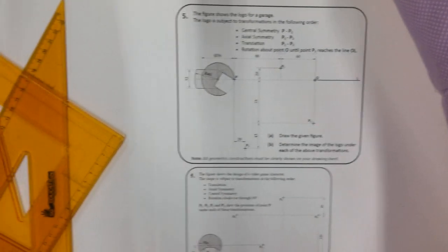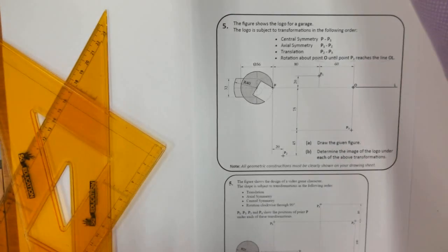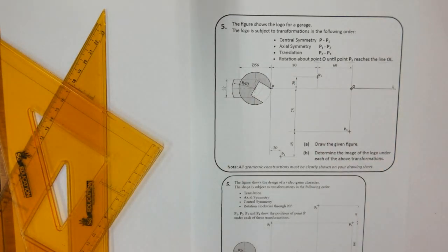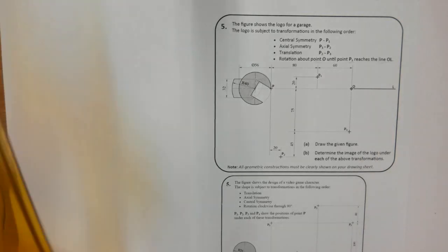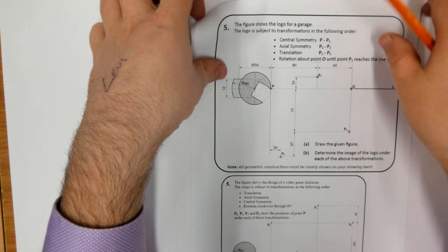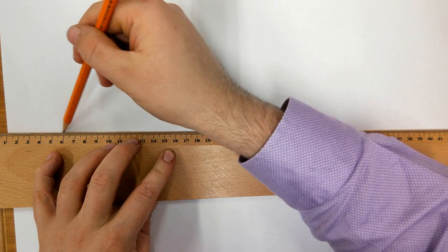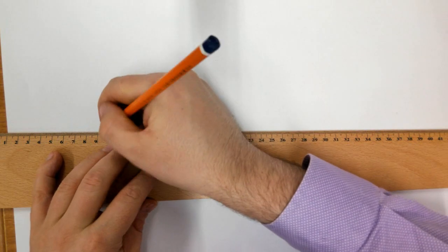Alright, so I'll just move the visualizer over here and get started. Now, the diameter of the circle is 56. So what will the radius of that circle be?